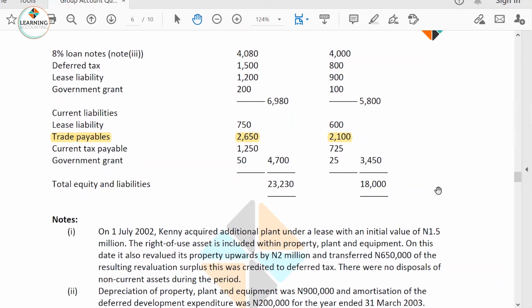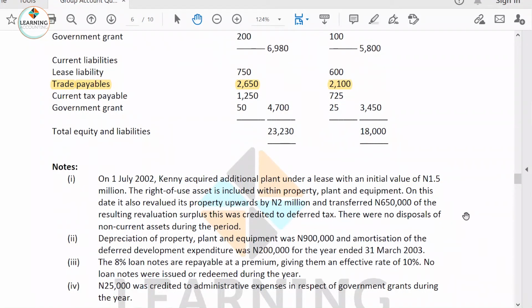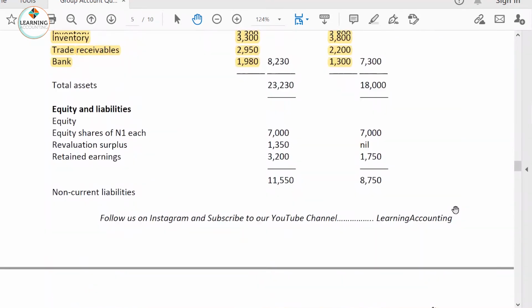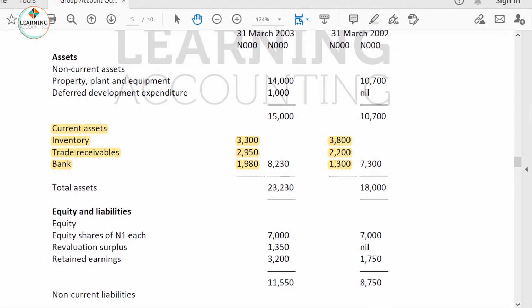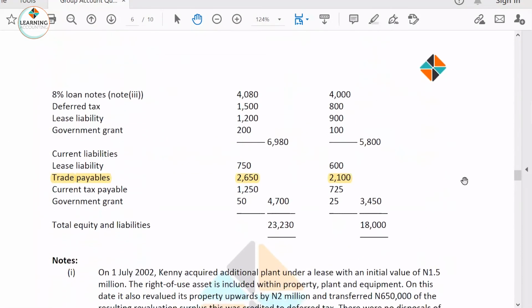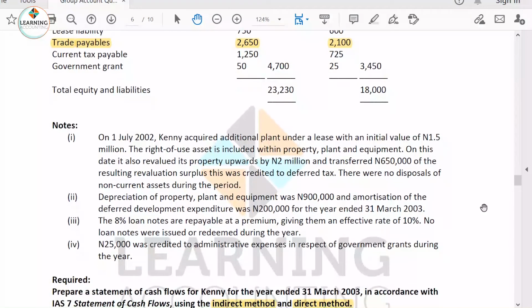Now the next thing we can do is to go to the additional information and then finalize the question. Now what I usually tell my students is that for cash flow questions, you should be able to deal with every item in the financial position. And once you've been able to do that, then your cash flow will balance. Other than that, you'll have challenges with your cash flow statements.